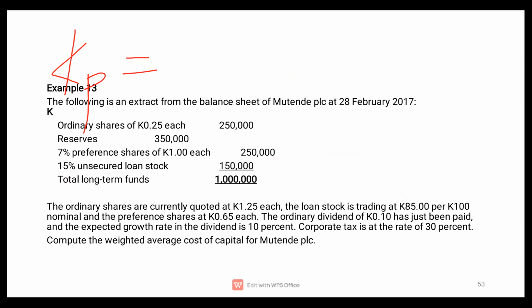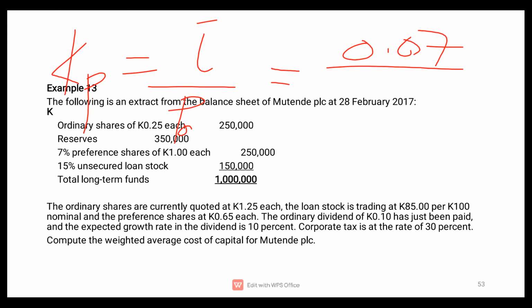Cost of preference shares is given as the interest divided by the price of the preference share. So the interest you are given is 7%, which is 0.07, divided by, what is the price of the preference shares?